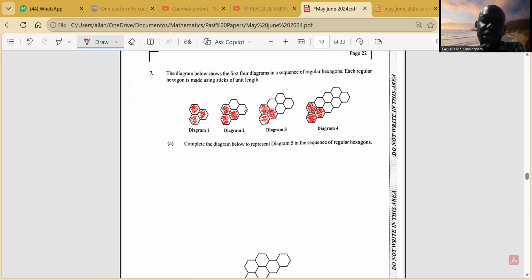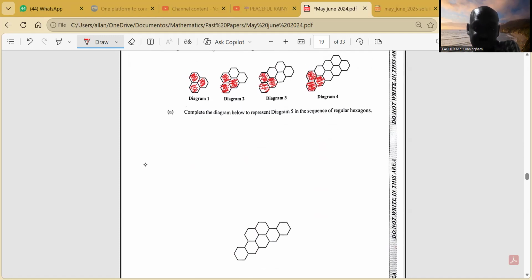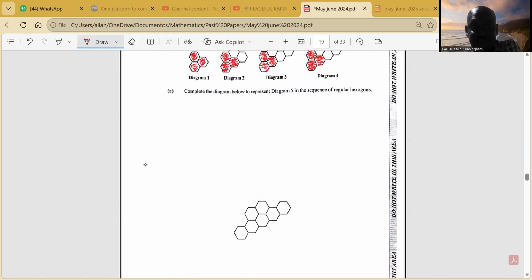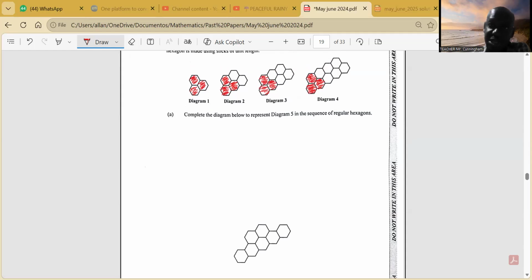So they add 2 here, they add another 2, they add another 2. They keep adding another 2. And they already help you. They already start the sequence here, right? So you just need 2 more.